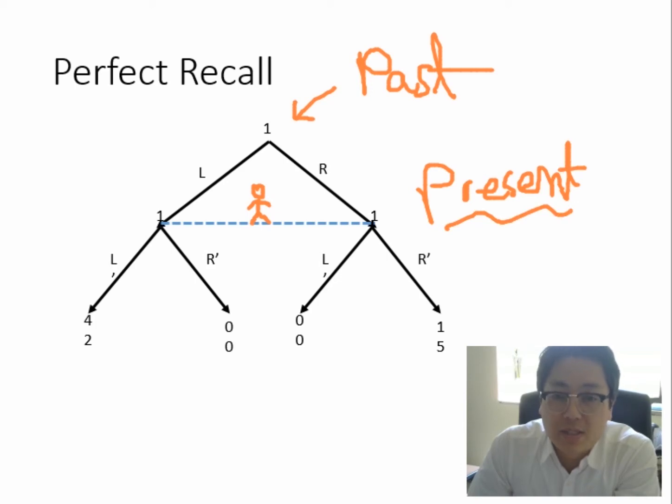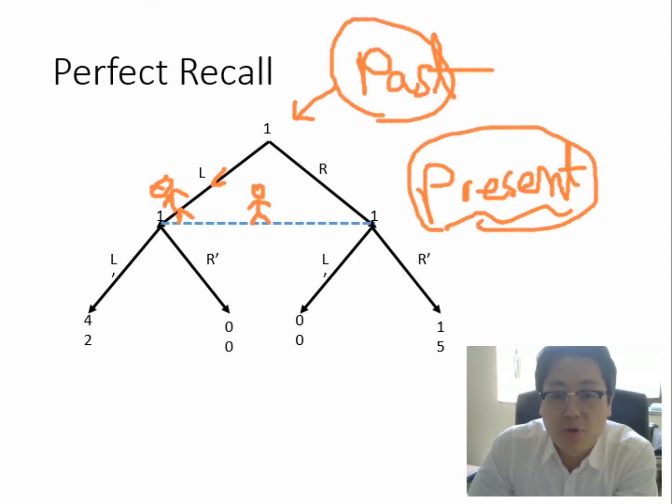When the game started here, that was the present and that was the future. But once the player chooses between L and R, let's say player one chooses L, the player is taking this path. Now the player is standing here, right? Then this is the past and this is the present.